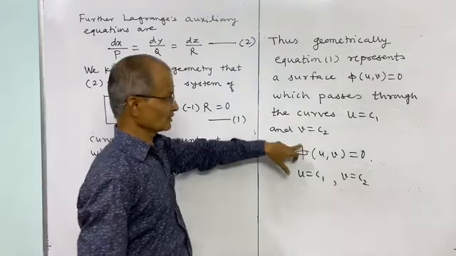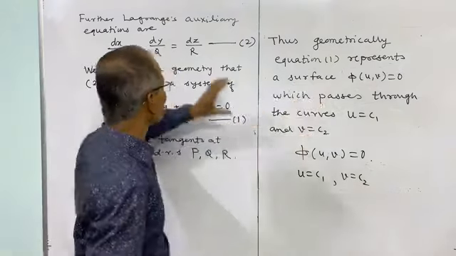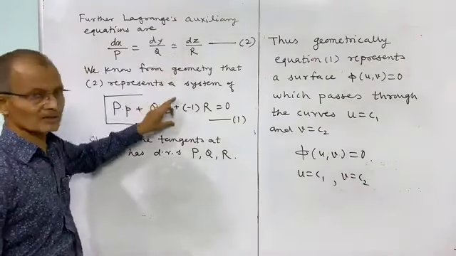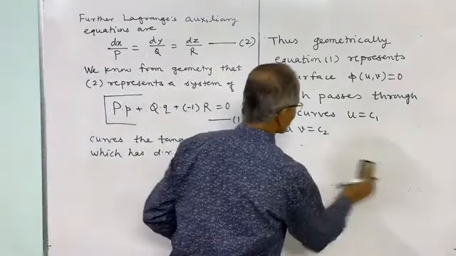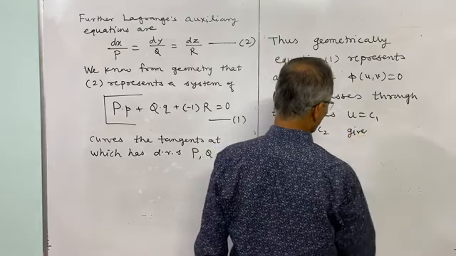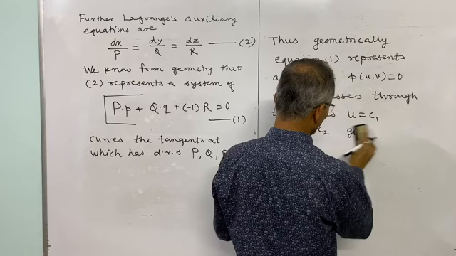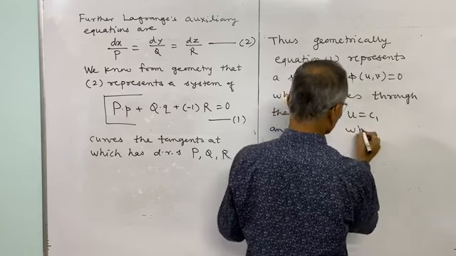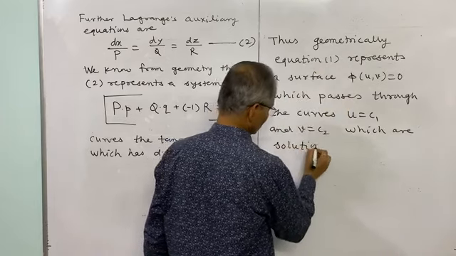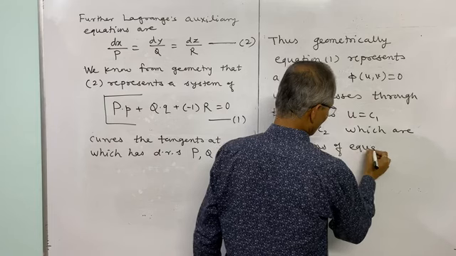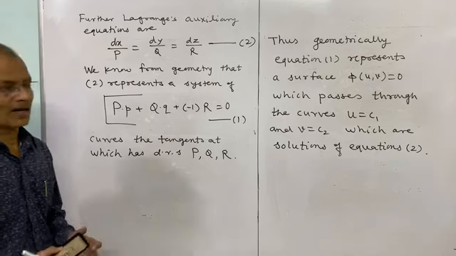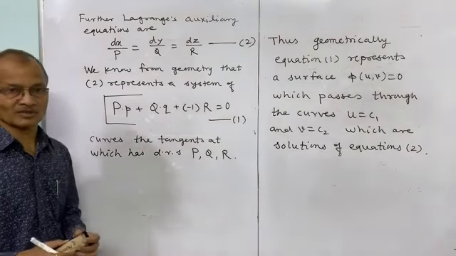So the solutions of equation 2 give two curves, and the two curves lie on this surface. This is the geometrical interpretation of Lagrange's linear partial differential equation.